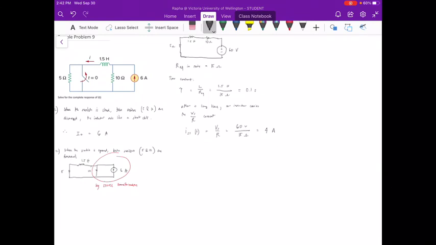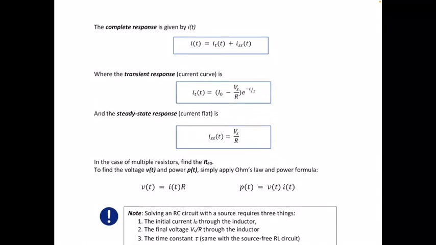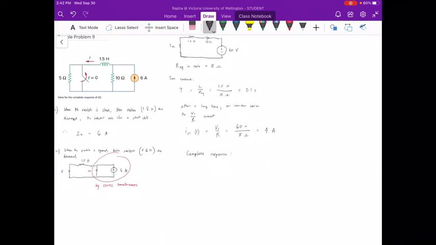For the complete response, it will look like just a simple substitution to this equation right over here. We have i as a function of time is equal to Vs over R being the steady state, and then the transient response is equal to I0 minus Vs over R, e to the power of negative t over time constant tau.